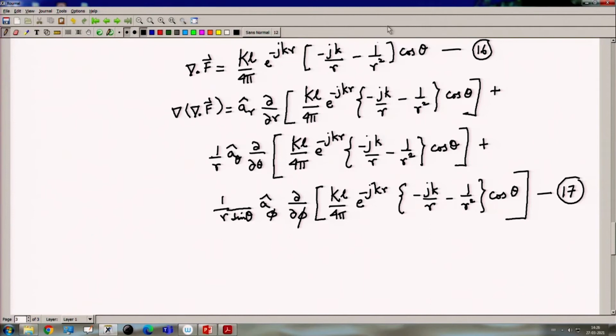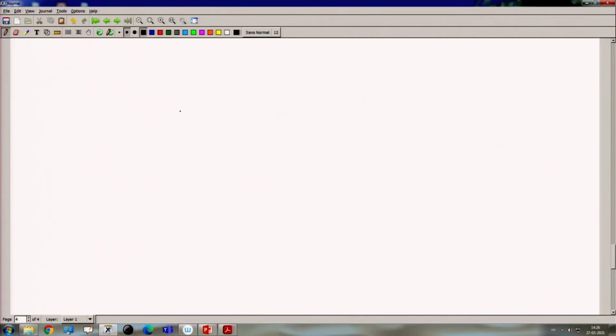So, now we can calculate the value of the magnetic field, all the r, theta and phi components of the magnetic field.